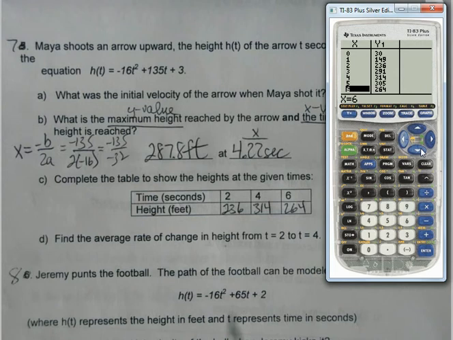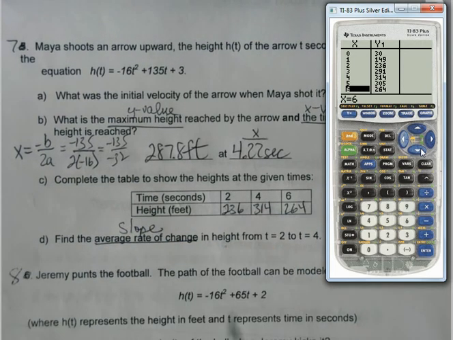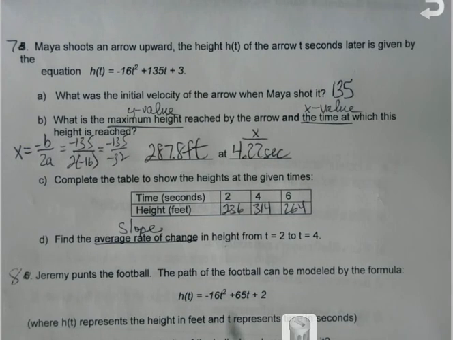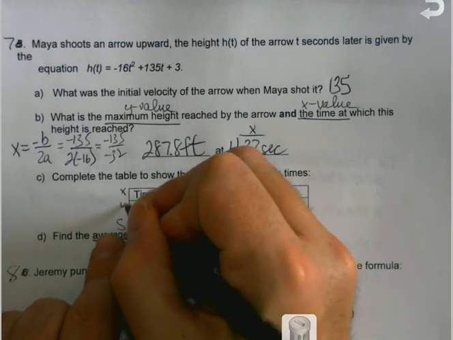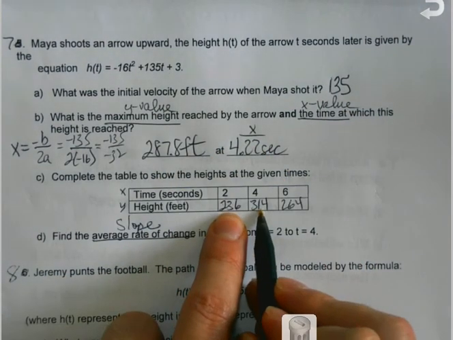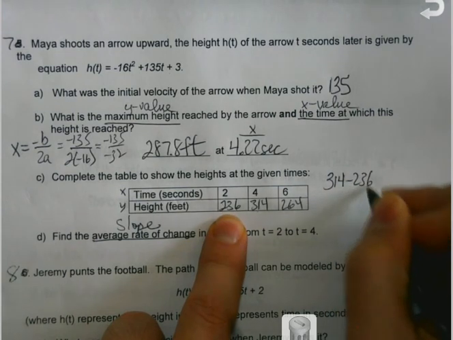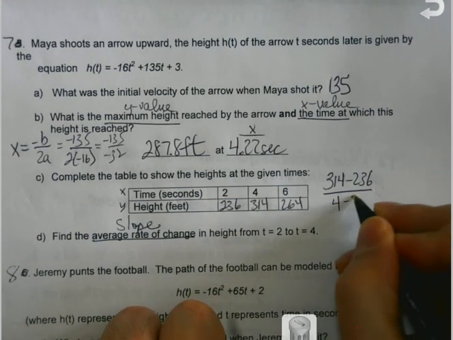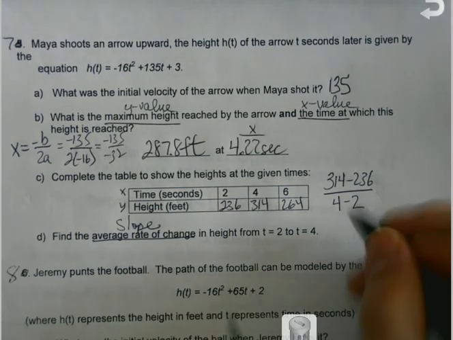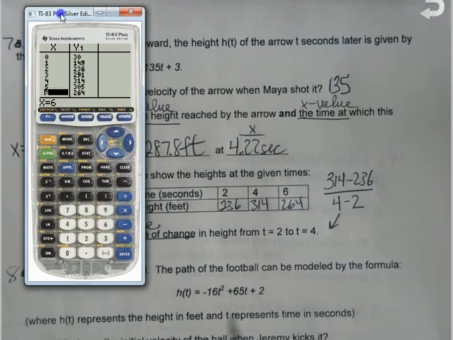find the average rate of change, slope, from t equals 4 to t equals 2. In other words, take the heights at those two, subtract them, take the 2 times, subtract them. I'll let the calculator help me out here.